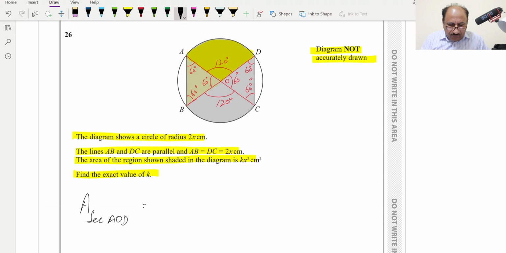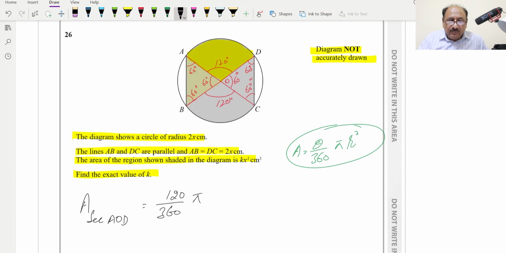AOD sector will be equal to angle. We know the formula: the area of a sector is equal to theta over 360 into pi r squared. This formula we will be utilizing over here. So theta is 120 over 360 into pi r squared.